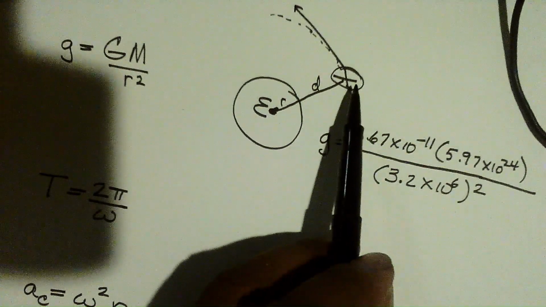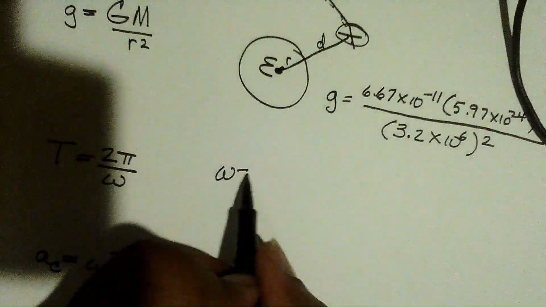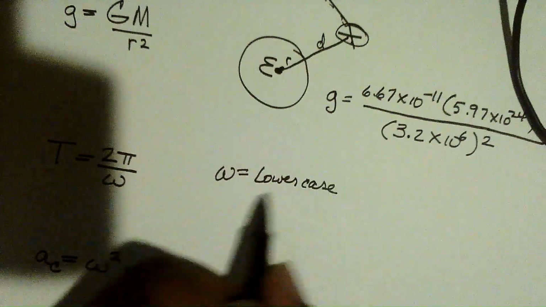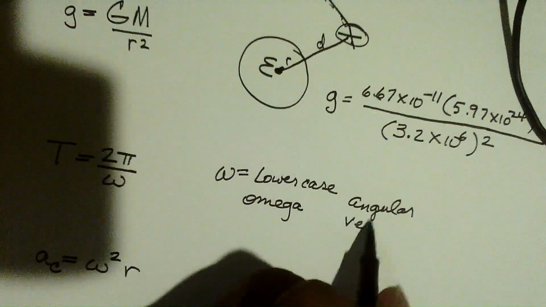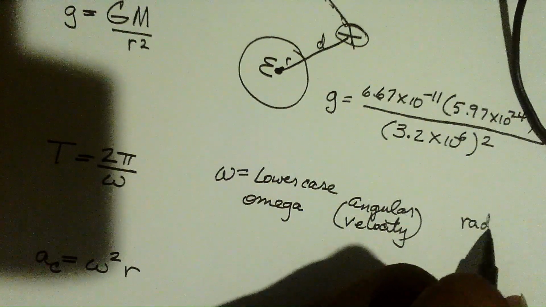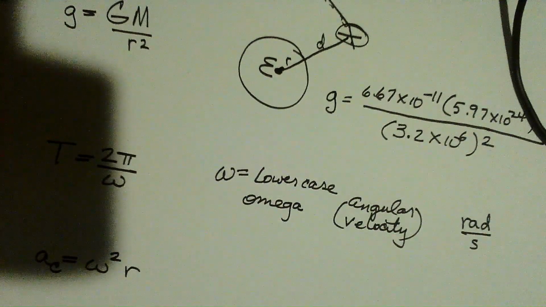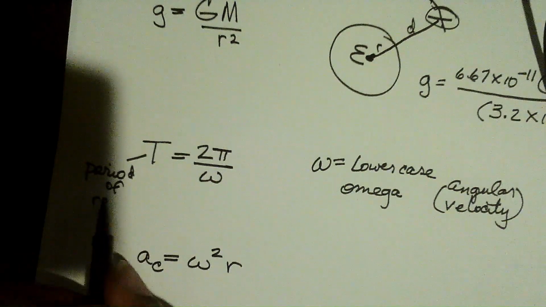Now, let's say this is going around the Earth at an angular velocity. Whenever you see this, this is lowercase omega, and this stands for angular velocity. So when we see this unit, we're going to see it in radians per second, not meters per second. The capital T stands for the period of rotation.